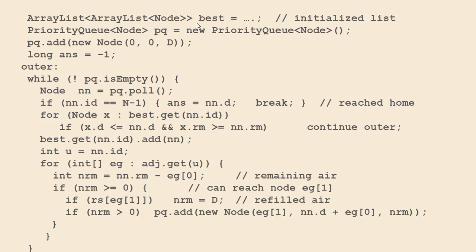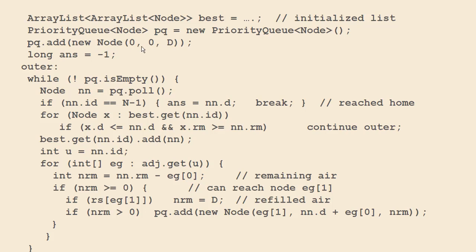We are going to store a list of best solutions we have found for each node. So it's not just the shortest distance now, it's the shortest distance together with the maximum air that is left. We have a priority queue, which will take the node.